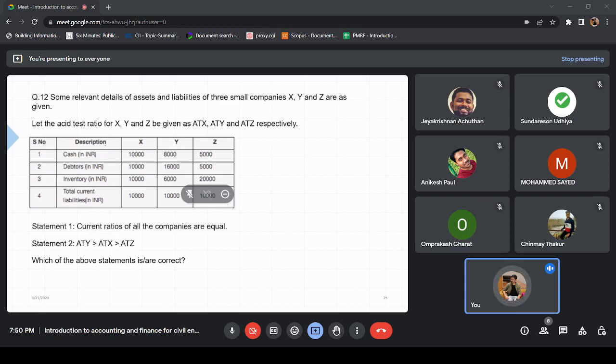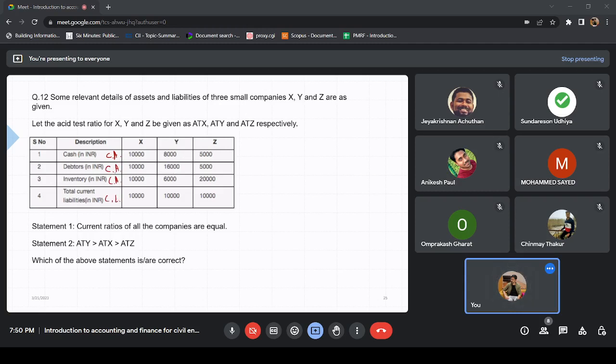So let's calculate. Cash, that is your current asset, right? Debtors, current assets again. Then you have got inventory, current asset, and you have got current liabilities.